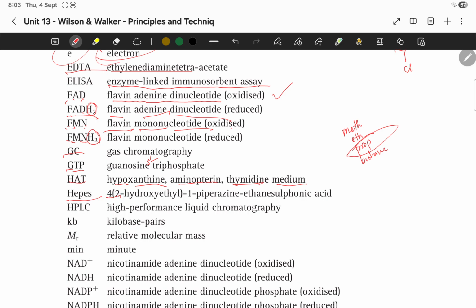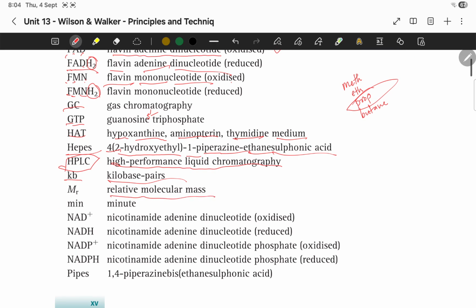HEPES, 4-(2-hydroxyethyl)-1-piperazine ethane sulfonic acid. HPLC, high performance liquid chromatography. kb, kilobase pairs. Mr, relative molecular mass, this is a new one. Min is minute.